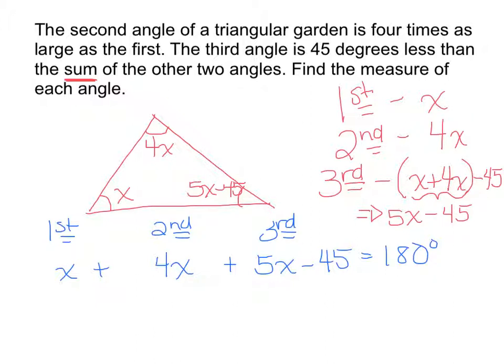Now let's simplify and solve this equation. I can combine all my like terms of the x's, and this will give me 10x minus 45 equals 180.